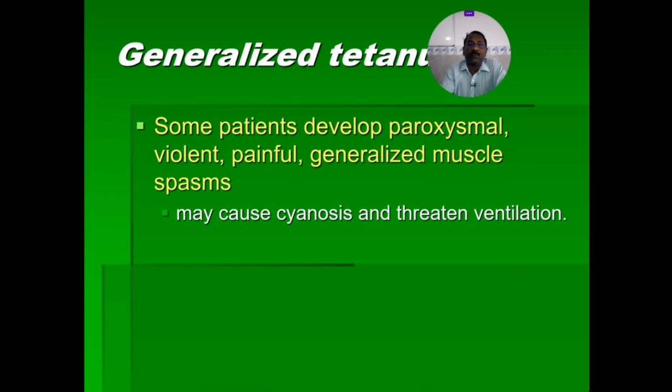Some patients develop proximal, violent, painful, generalized muscle spasms, which may cause cyanosis and threaten ventilation also. Once it involves the chest muscles, there will definitely be respiratory failure, and they need mechanical ventilation. So endotracheal intubation, etc., and tracheostomy are very much needed to avoid death.